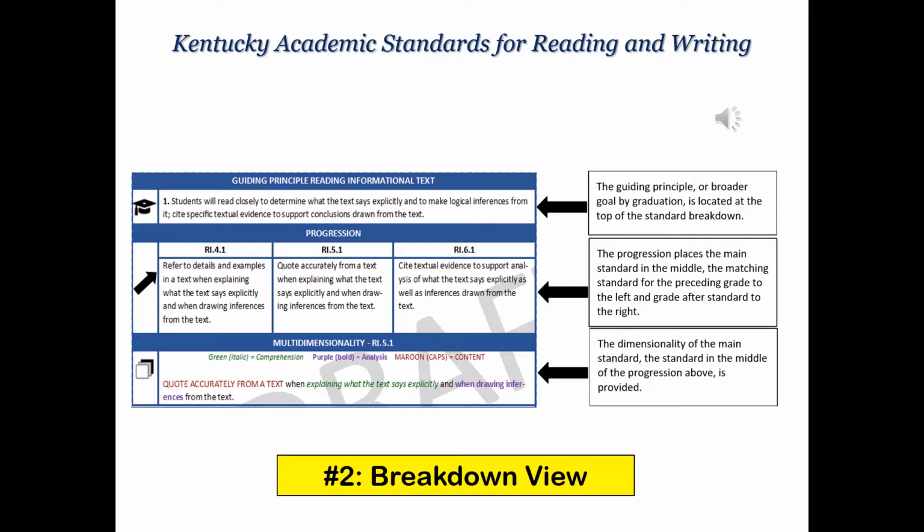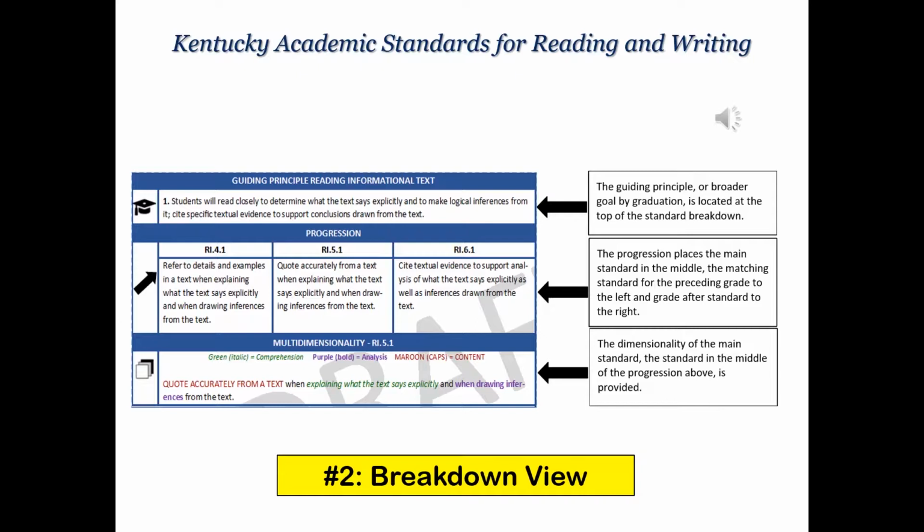And in the second level, we have the progression. What you're seeing is a mini progression, because the standard as a 5th grade teacher is in the middle. But on the left is the 4th grade standard that students should come to you knowing and being able to do. That's the intent. And then on the right side, you have the 6th grade standard.